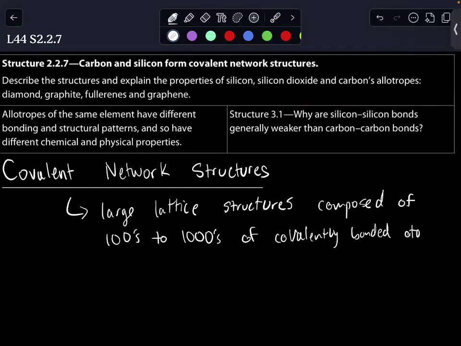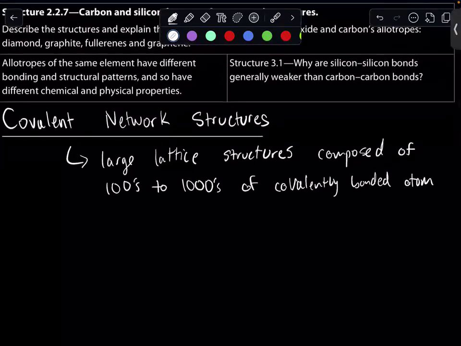So these aren't really molecules. Molecules are discrete things like water or maybe even hydrogen. But a covalent network structure looks more like a lattice.